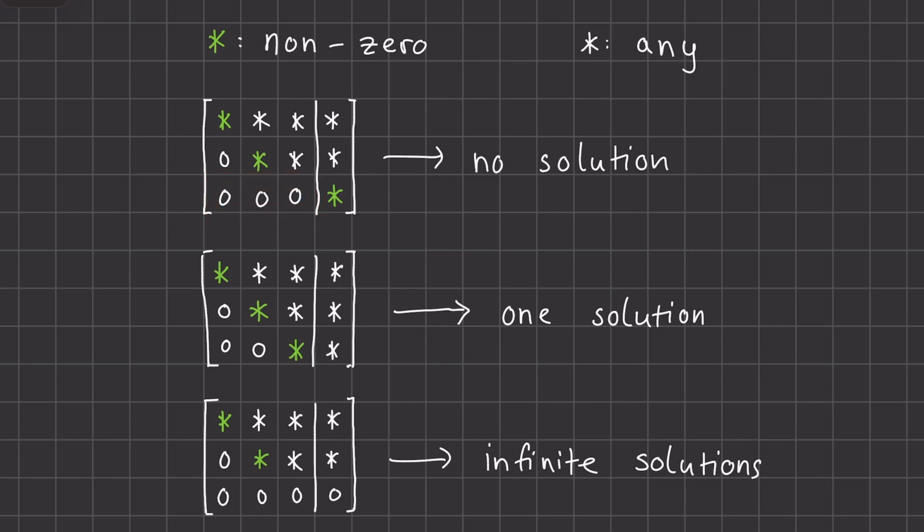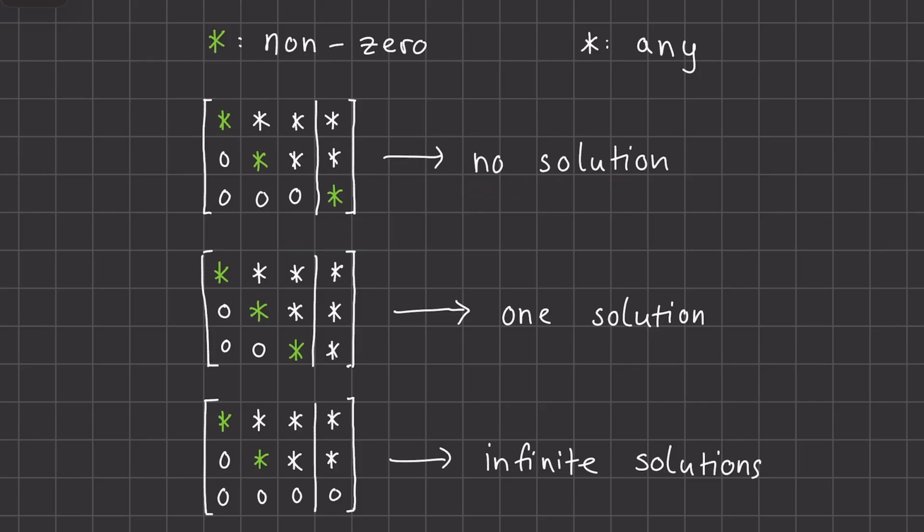So this left-hand side is just 0, being equal to a non-zero number. So that's what our last equation says. It says 0 is equal to not 0. And that is exactly the contradiction, which causes this equation to have no solution.